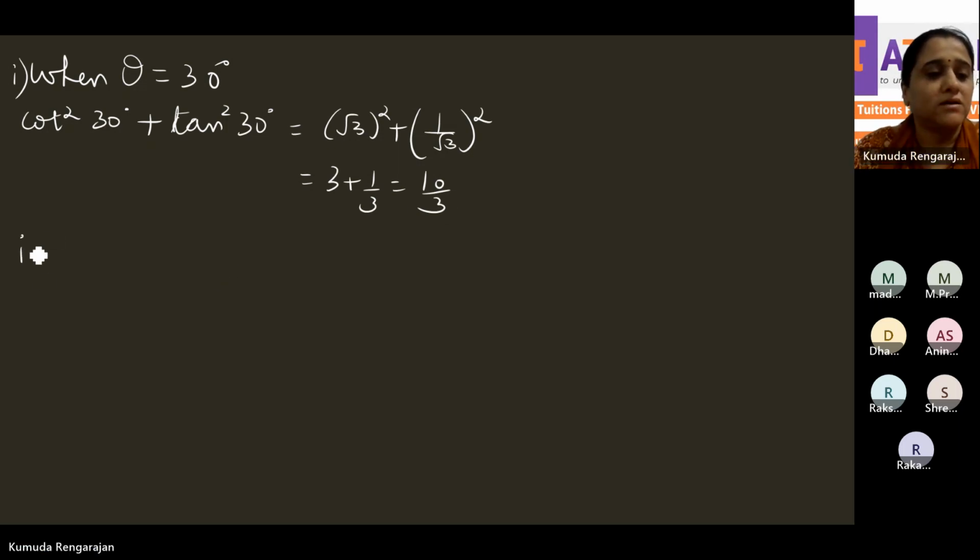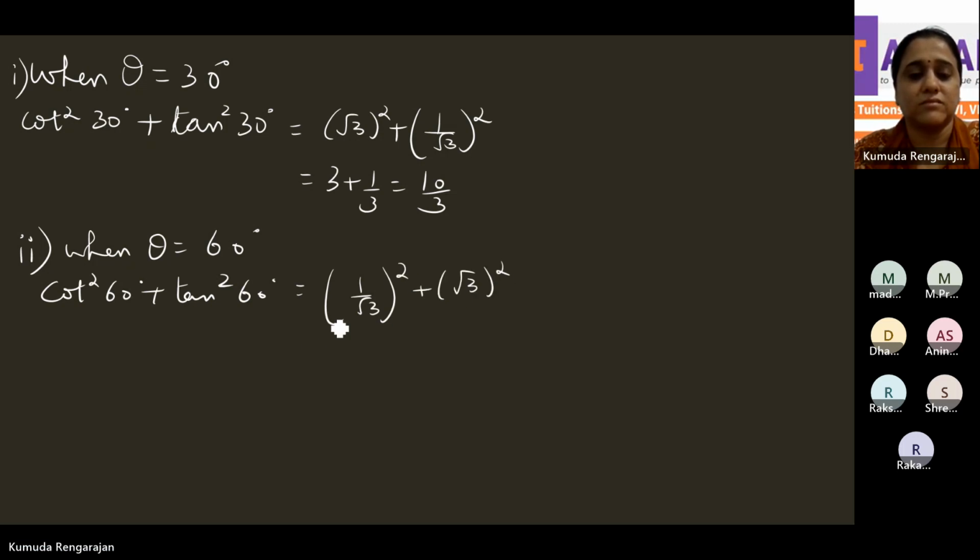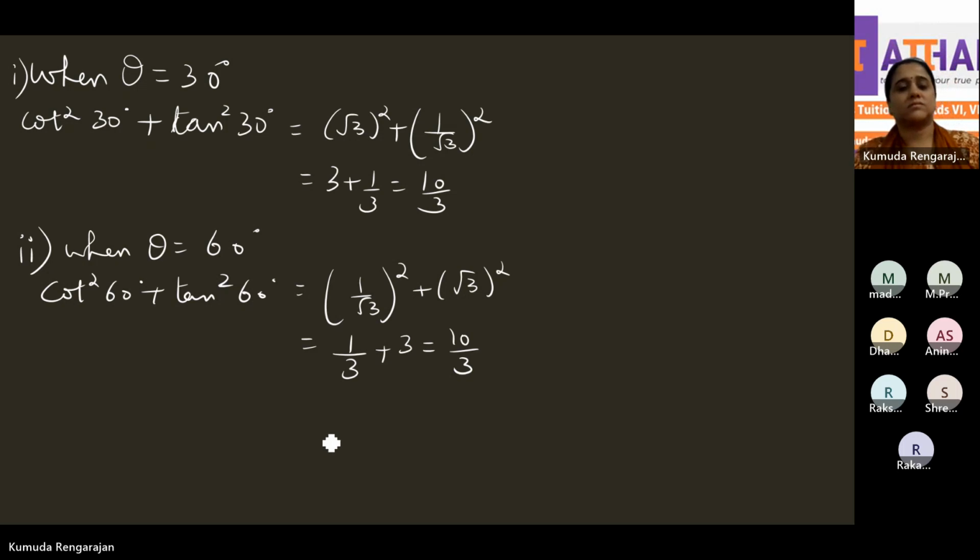Very good. Second, when theta is equal to 60 degrees, it will be cot square 60 degrees. Did we complete this? 10 by 3?